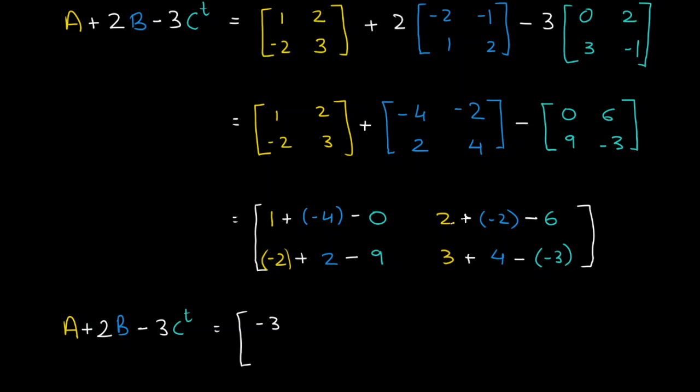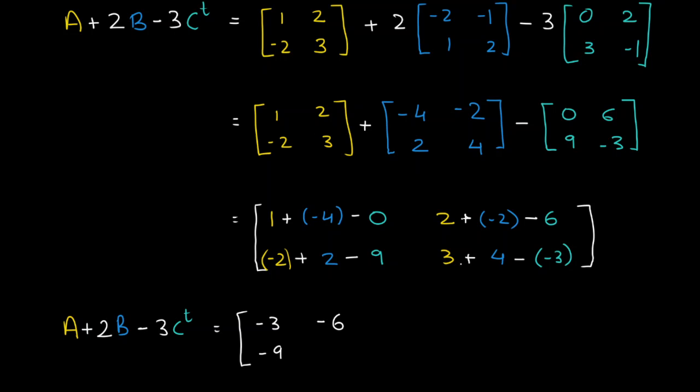The second element is 2 plus -2, so that gets cancelled, that's 0, and then we have -6. Again, we have -2 plus 2, which cancel, and we are left with -9.